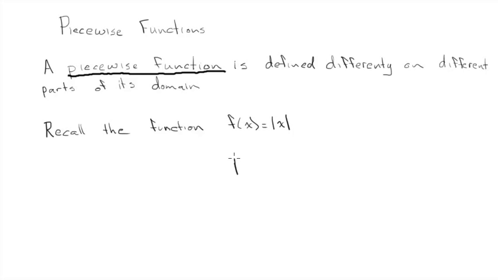If you remember, one way to write that is as two different pieces: x if x is bigger than or equal to 0, and negative x if x is less than 0. We talked about this in the absolute value video.